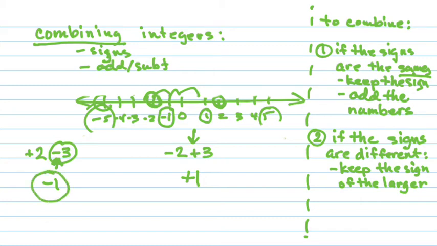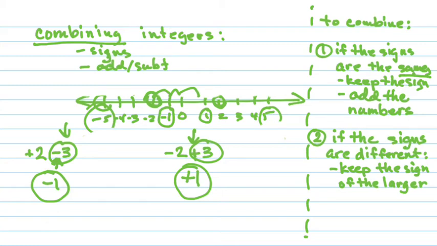Negative. Here, 3 is bigger than 2, but what sign was the 3? Positive. So your answer is also a positive. Make sense? In other words, one of the numbers is going to be more positive or more negative than the other. Now, in reality, a negative 3 is smaller than a positive 2. But it's just the number value.